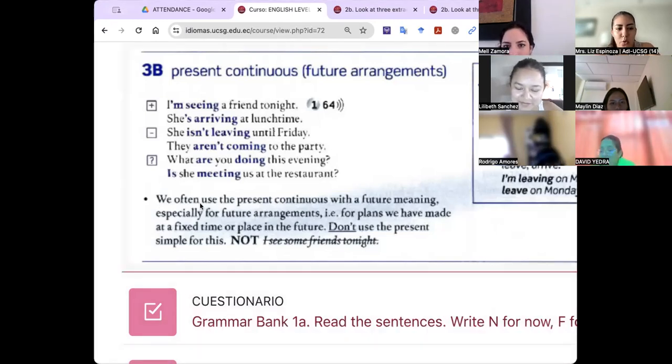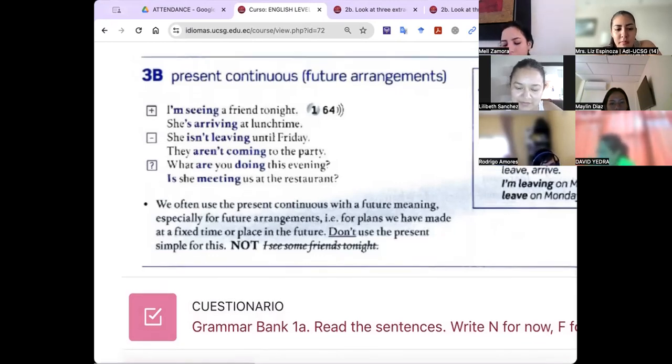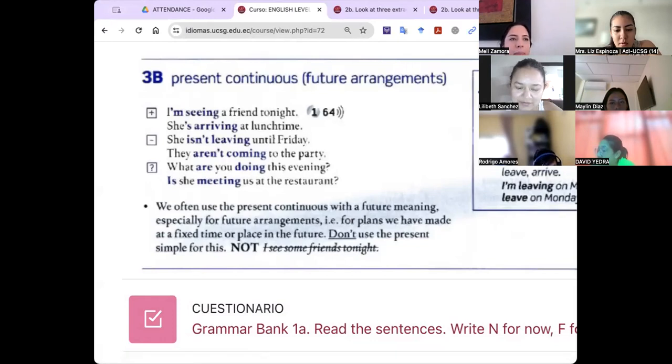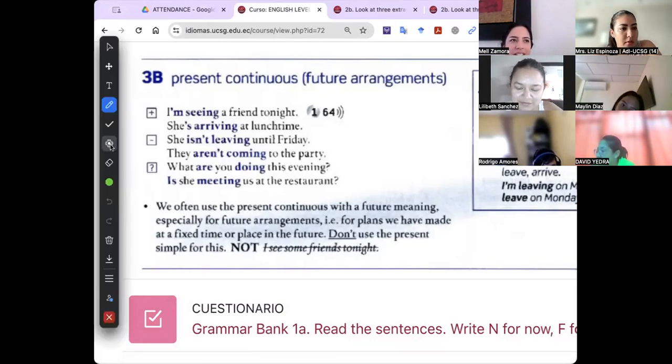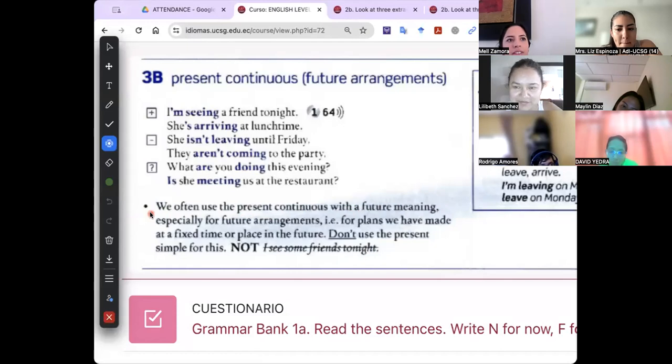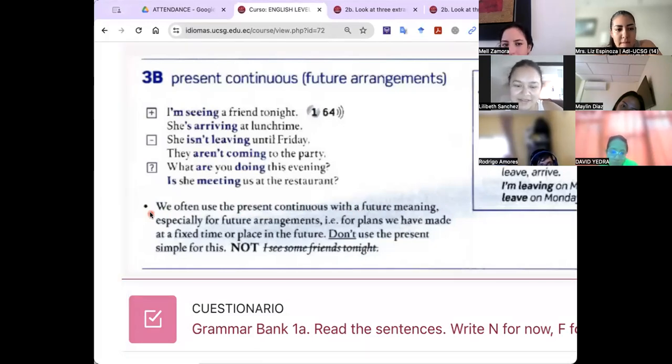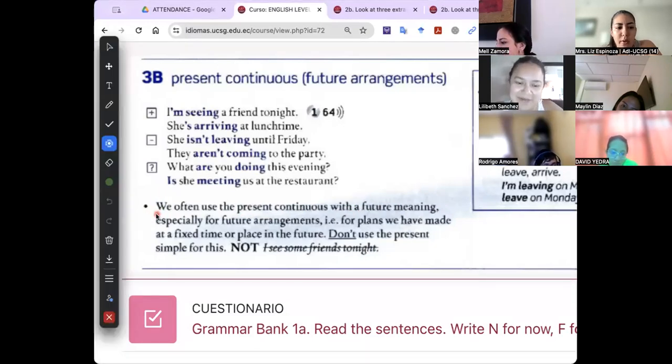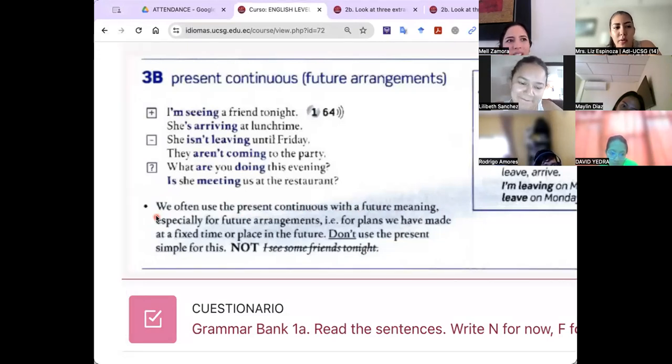We often use the present continuous with a future meaning, the paragraph. Read it, okay? Can you see the bottom? Yes. Miss, but the sentences above? No, read the paragraph. We often use the present continuous.